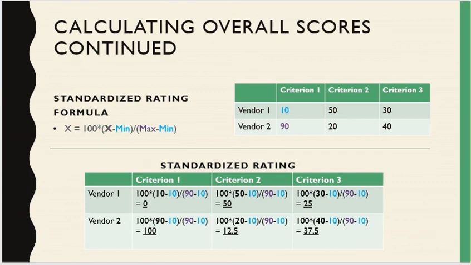So in this example, 10 would be the minimum rating value, and 90 is the maximum. And so these are the numbers that you're going to be plugging back into the formula. And I've listed examples how those would be written out below. And that's going to give you a new standardized rating for each vendor and each criteria.